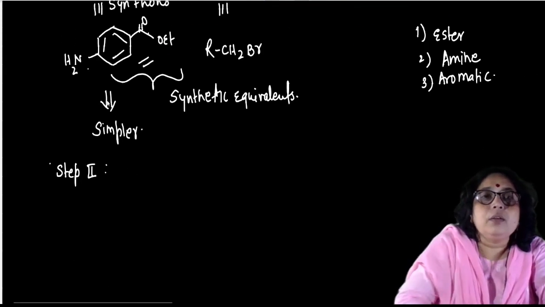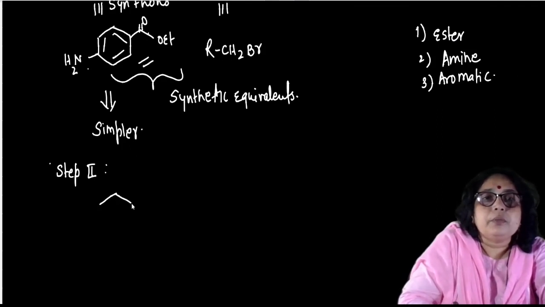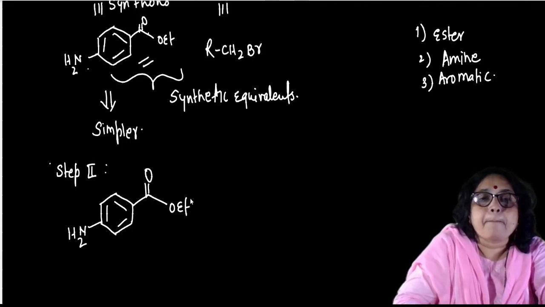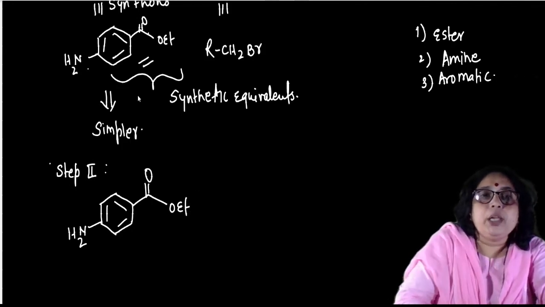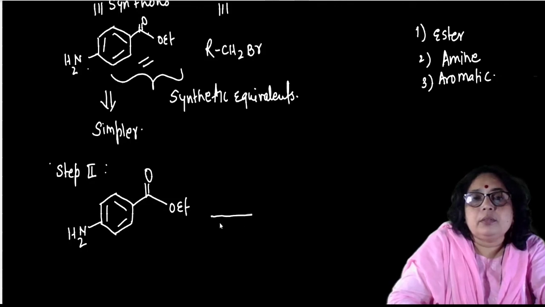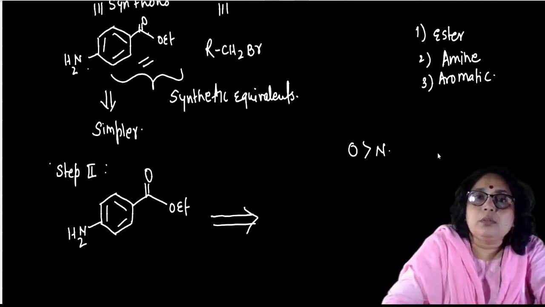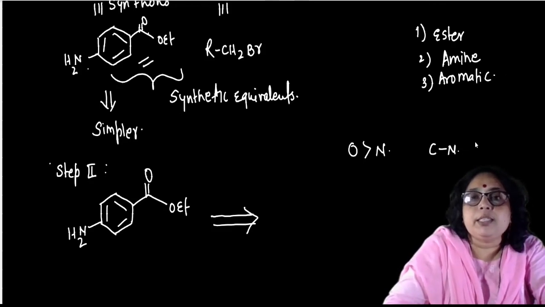All right. Here, what type of disconnection are we expecting? Initially I told you that no doubt oxygen is more reactive than nitrogen. So I must go with the CN disconnection.